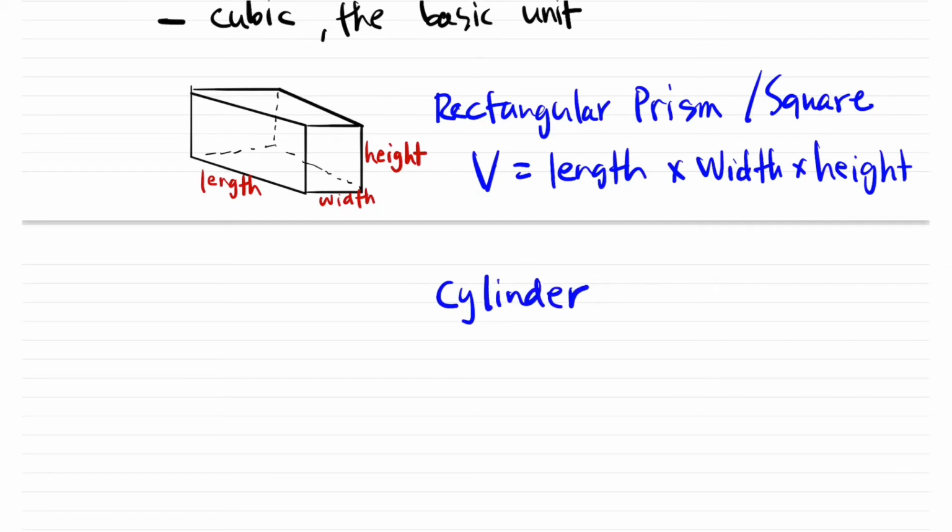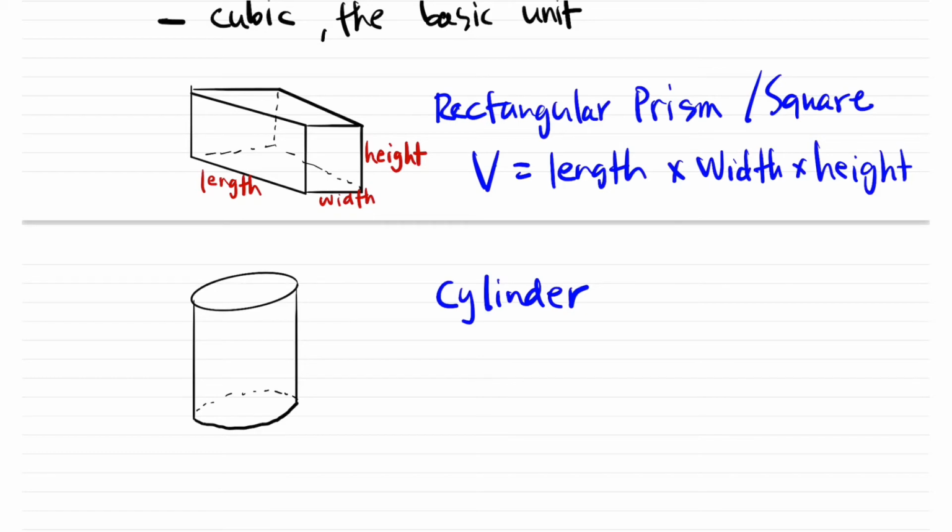Alright, for cylinder we have like here, sorry, that's a cone, wait. Alright, so we have here a cylinder.